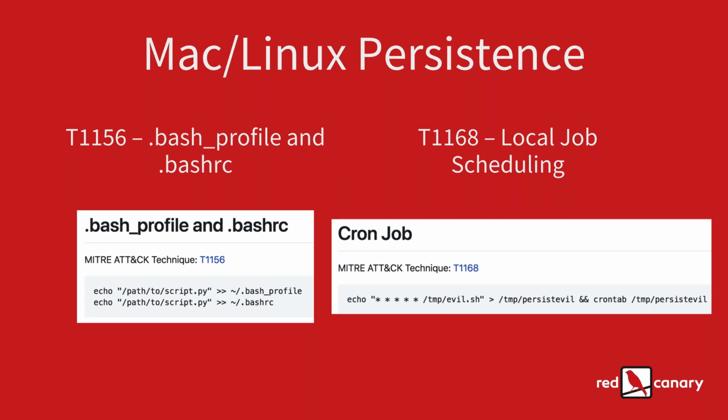Gotcha. And then on the right side, cron job. Just echoing a very simple line into an object, and then passing that to your crontab. It's a very simple way to execute a shell script over and over and over again. One thing that's kind of difficult about those is every user has their own crontab, so every user has their own set of scheduled jobs.